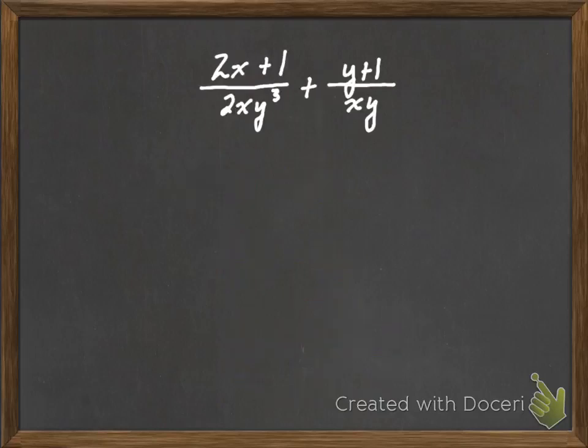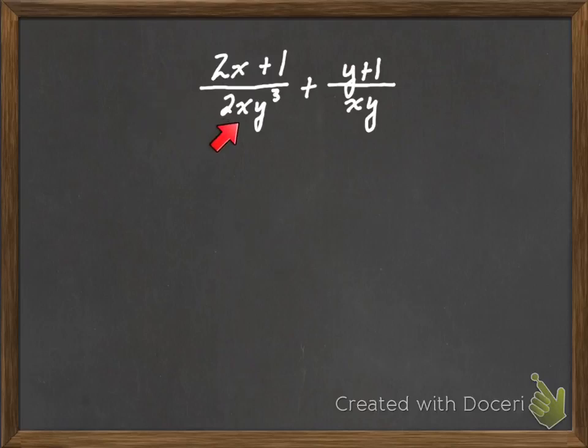All right, so the next one is a little bit more involved, simply because we have more variables here. So again, thinking about, does this denominator have anything that this denominator doesn't already have? Well, we have an x and we have a y, and this denominator already has an x and a y. So this fraction does not need to get multiplied by anything.